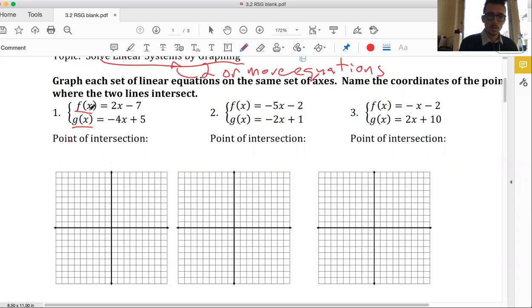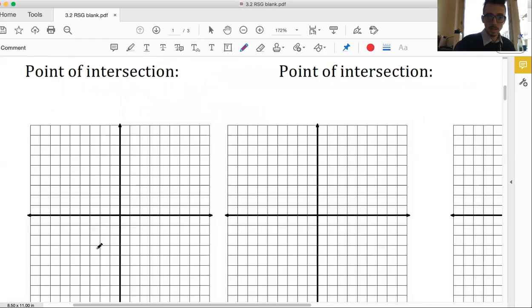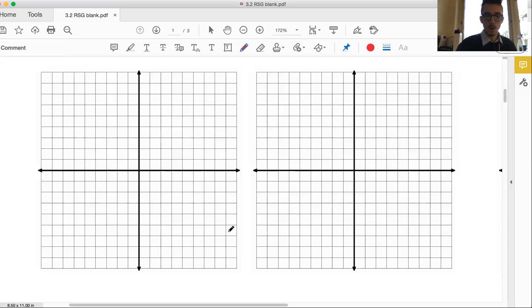All right, so this is definitely in slope intercept form. So I know based off of looking at this, my slope is 2 and my y-intercept is -7. So we can hop right into this and start graphing this out immediately. I'm finding on the y-axis where we hit -7, which is here.